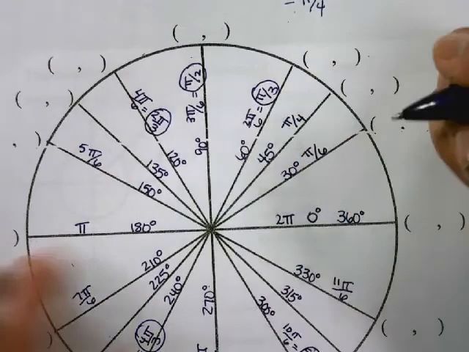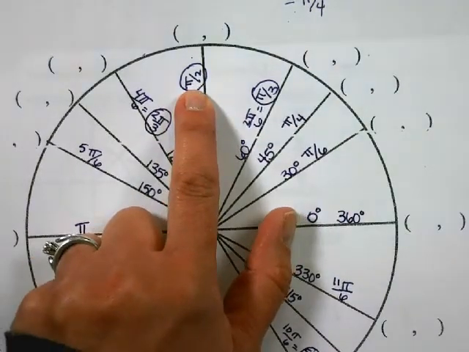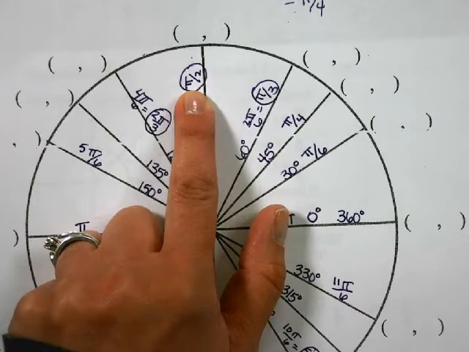1 pi over 4. 2 pi over 4 reduces to pi over 2.